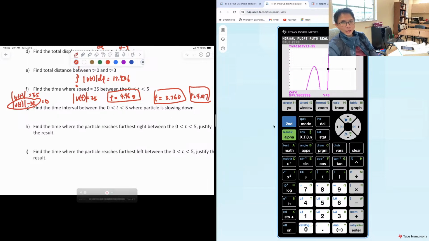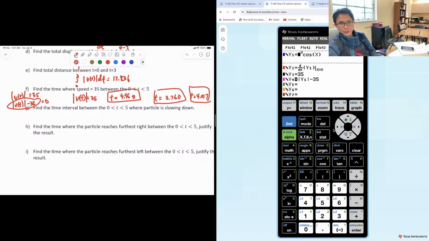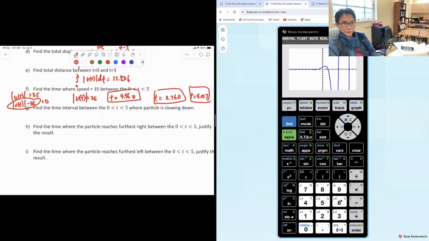Okay, so that last part is I'm going to go back to the y function graph. I'm going to graph this one. I'm not going to worry about this one, right? So I am going to graph this. And I'm going to zoom standard here. So hopefully they will show me the whole graph. But they say when the particle is slowing down, we talk about particles slowing down between 0 to 5.